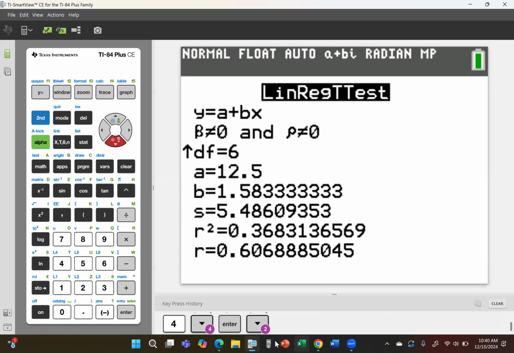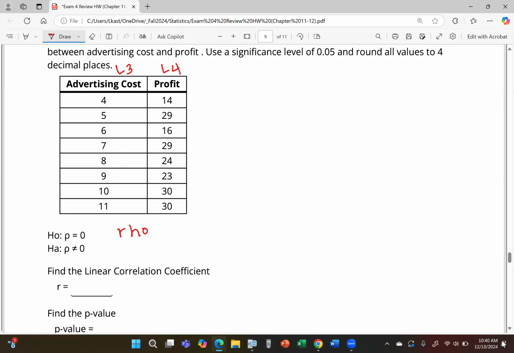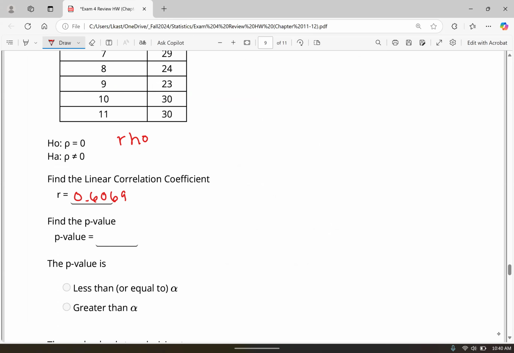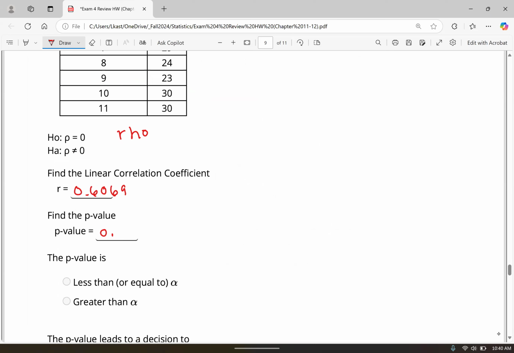So let's go back over to our test and let's input that information. So R, our correlation coefficient, was 0.6069. And the p-value was what? 0.1106. So is your p-value less than or equal to alpha, or is it greater than alpha?